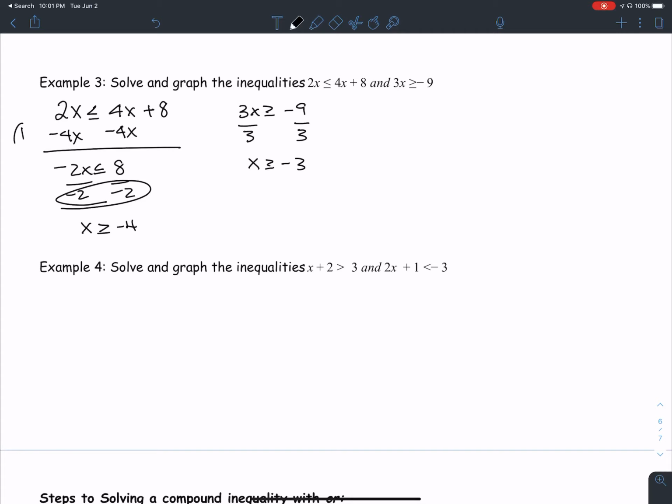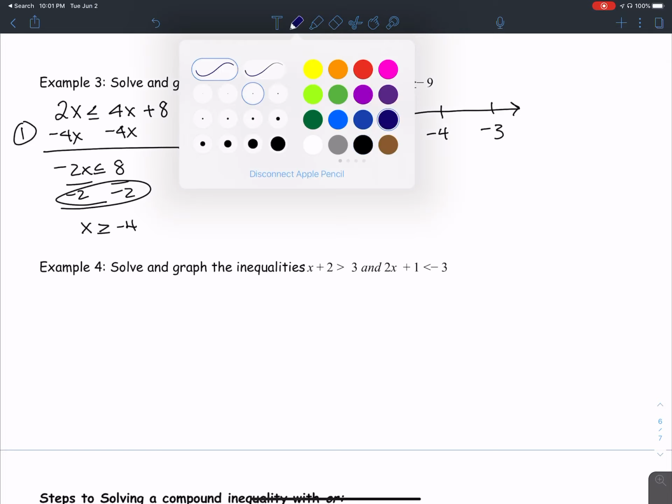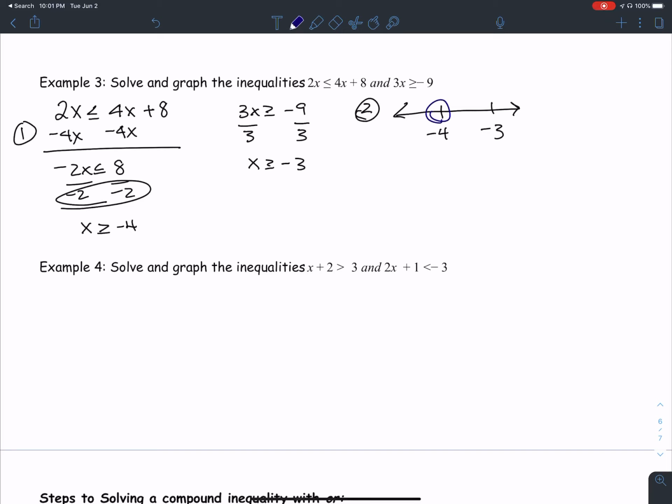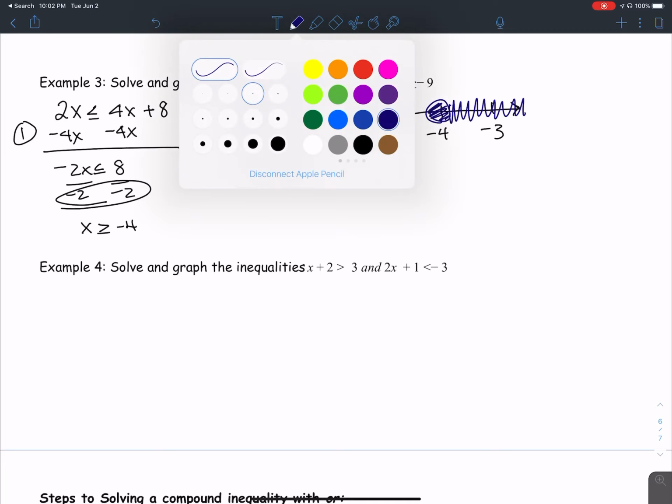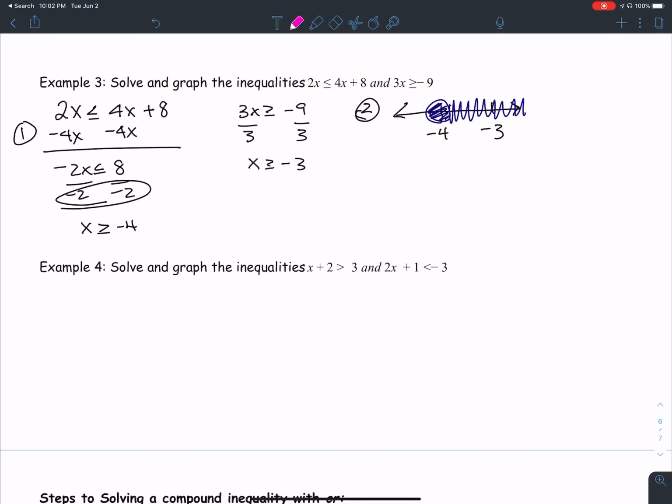That was step 1. Step 2, number line: put both numbers on the number line. So -4, closed circle, greater than, and then I have x is greater than or equal to -3. I want what's in common, and what's in common is from -3 on.